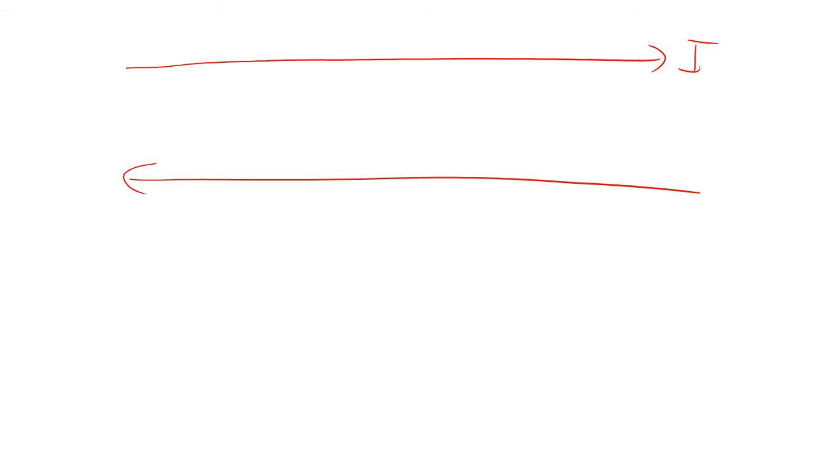Now, next question. What if the currents were in opposite directions? What would happen? If the wires are parallel, they're attracted. What if they're opposite?